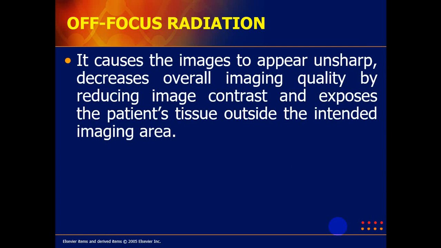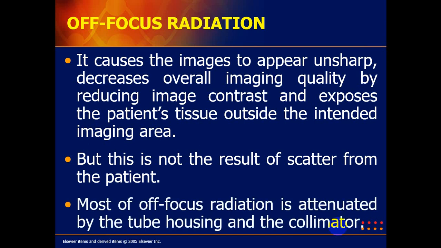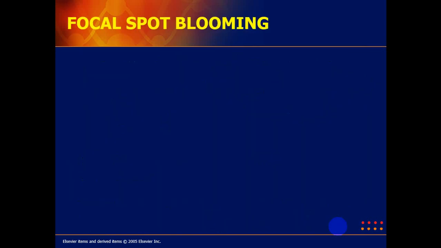It decreases overall imaging quality by reducing image contrast and exposes the patient's tissue outside the intended imaging area. But this is not the result of scatter from the patient. Most of the off-focus radiation is attenuated by the tube housing and the collimator.